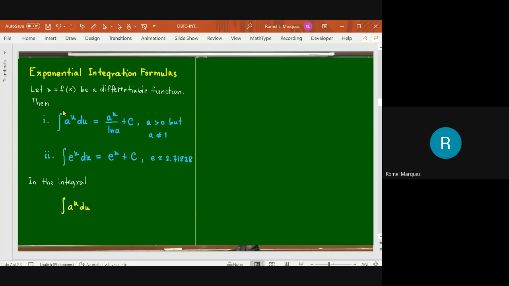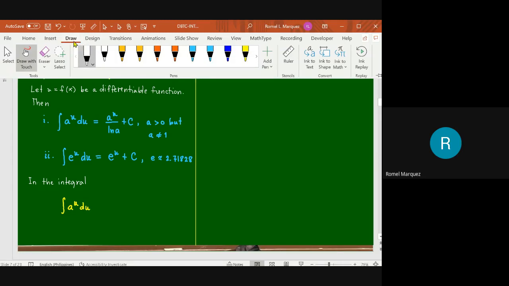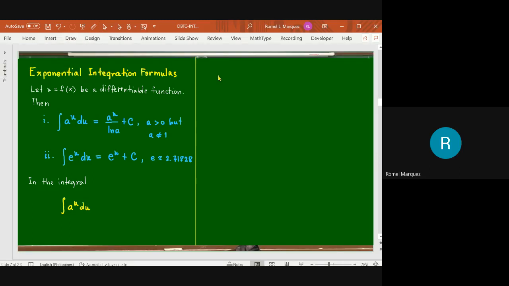Let's take the general form of it, because e to the u is just its special case. Now, in this integral, we call a a constant. It is the base, which is a constant.